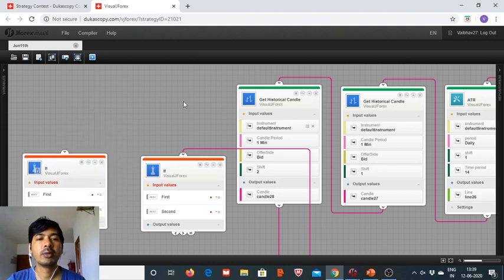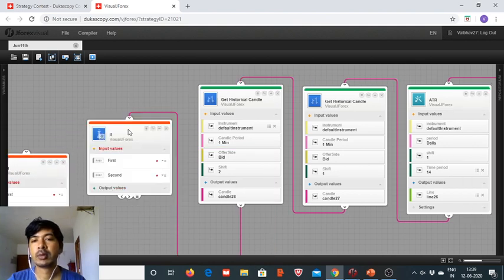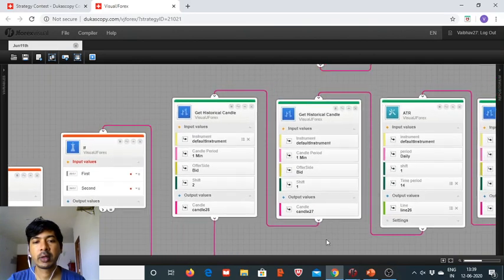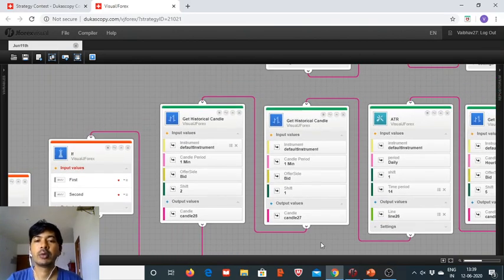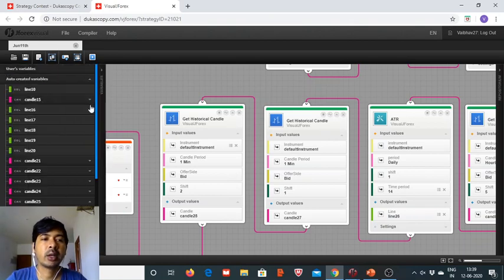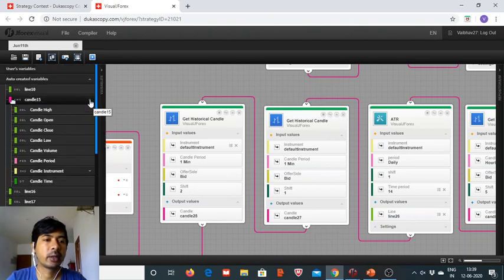So now we have to look at candle 27 and candle 28's closing levels and compare it to the hourly candle, last hourly candle actually.